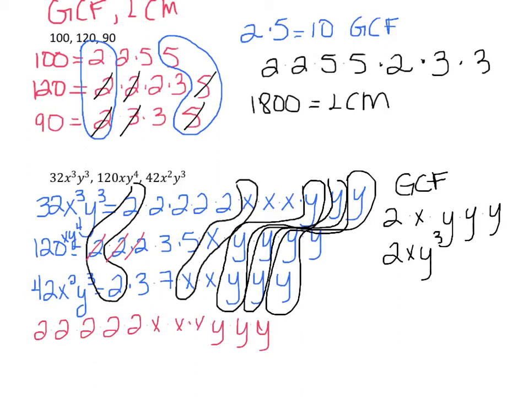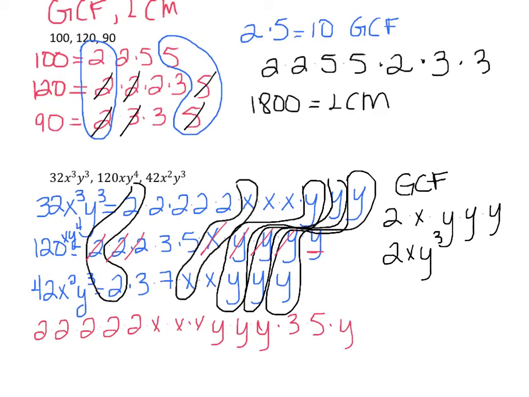But I don't have any 3s, so I have to tack on a 3. I don't have any 5s, so I have to tack on a 5. But I do have 3 x's, so I have to cross out an x. And I do have 3 y's. 1, 2, 3. There's a 4th y right here, so I got to tack that onto the end.